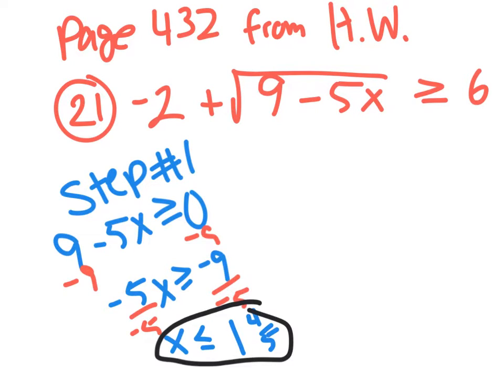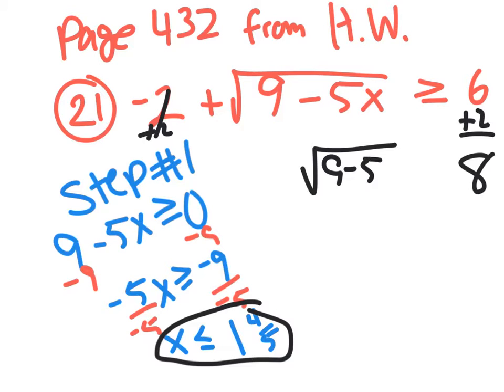And then we have to go back to the original radical inequality and solve that. So I want to actually add 2 to get rid of that minus 2. So if I go plus 2 here, it'll cancel. Plus 2 over here, I'll get 8. So I'm going to have the square root of 9 minus 5x is greater than or equal to 8.